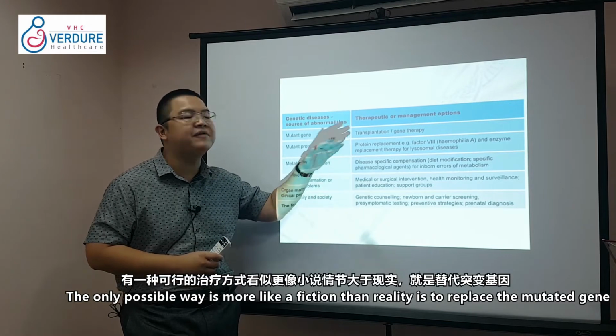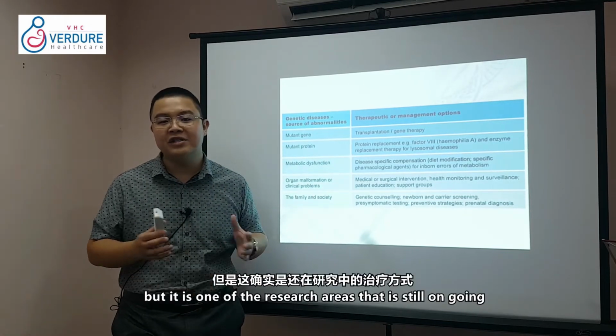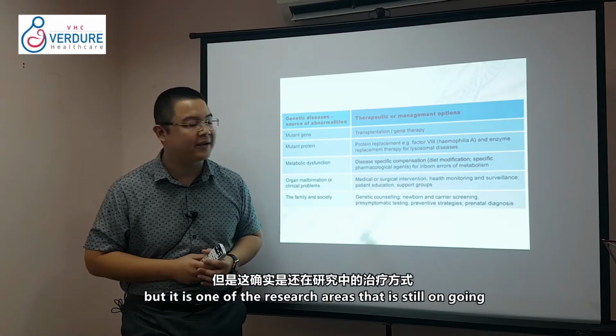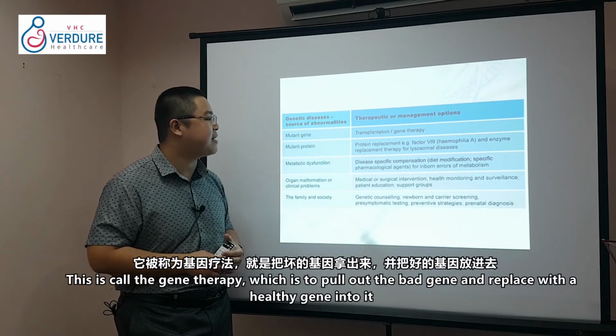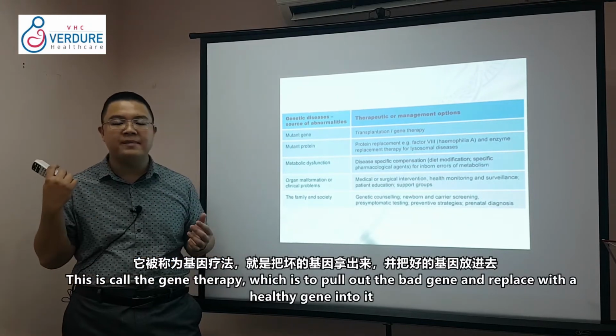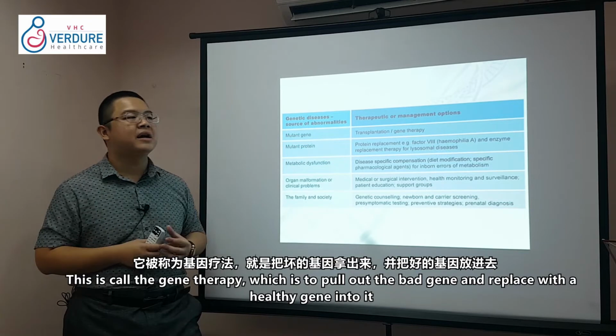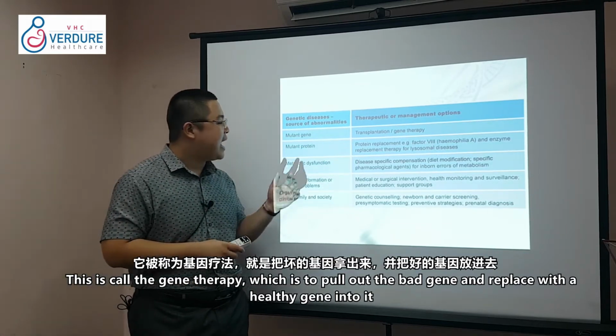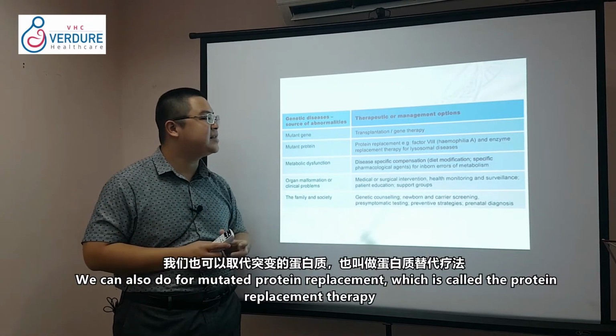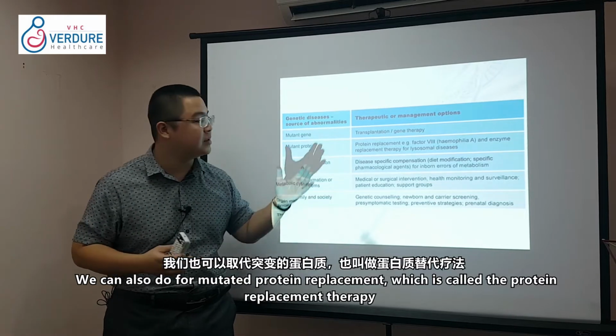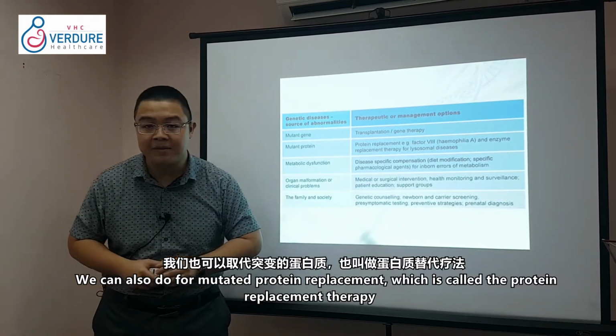Okay, but this is definitely one of the research areas that is still ongoing. So it's called gene therapy, which is to pull out the problematic gene and replace it with a healthy gene. We can also do mutated protein replacement, so it's called protein replacement therapy.